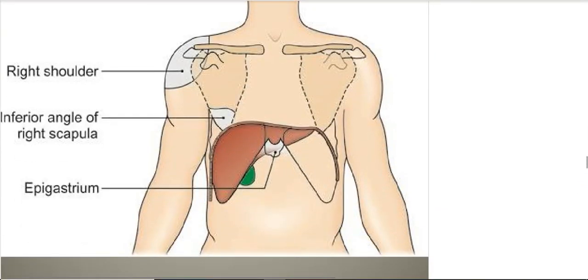We can see the referred pain and how the gallbladder is situated. This is the liver, and see how the gallbladder is situated. This is the inferior surface of the liver, and this is the right lobe and this is the left lobe.